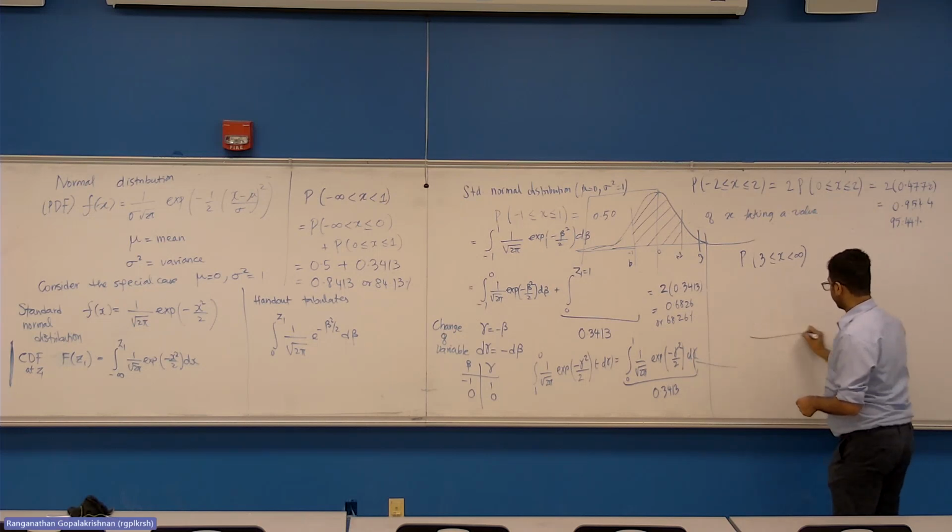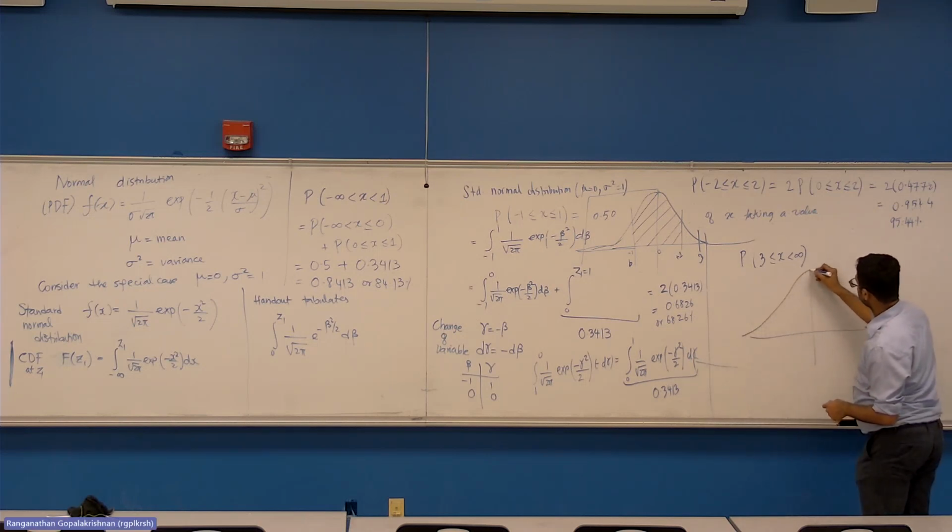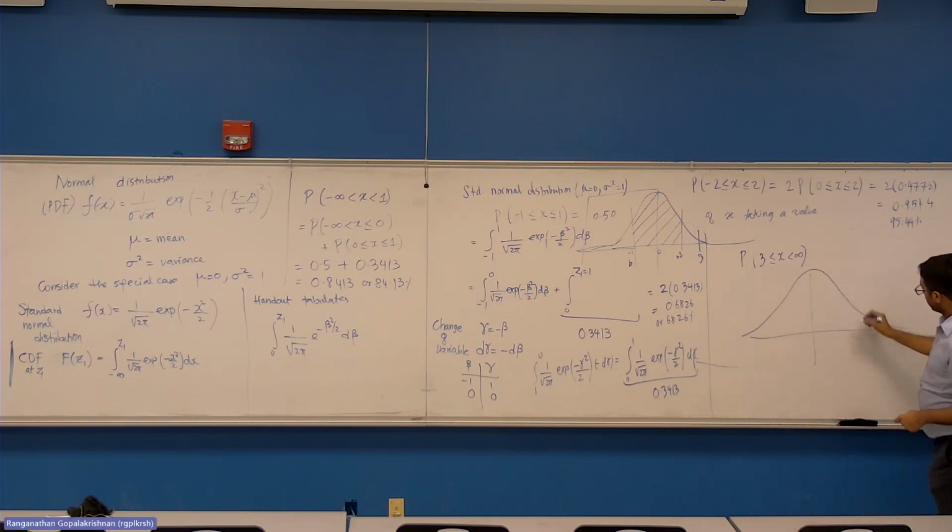So if I redraw the bell curve for some clarity, let's say this is 1, this is 2, and this is 3. I'm asking for the area, which is the small sliver right here to the right of 3.